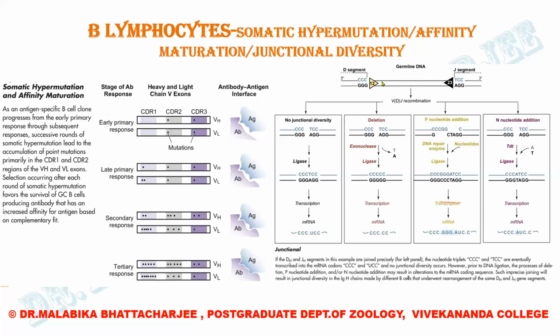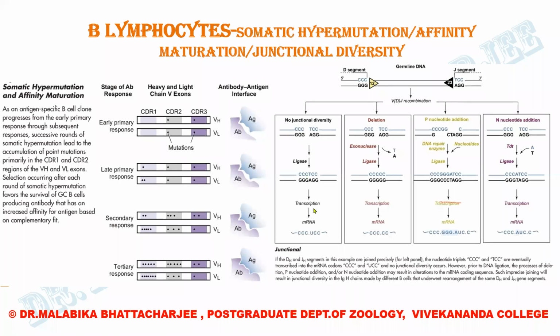Such imprecise joining of gene segments can result from the deletion of nucleotides in the joined region or the addition of so-called P or N nucleotides during VDJ recombination. About 80% of antibodies in adult humans show this type of junctional diversity. So this is no junctional diversity.